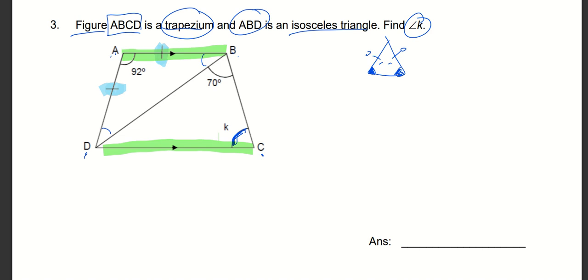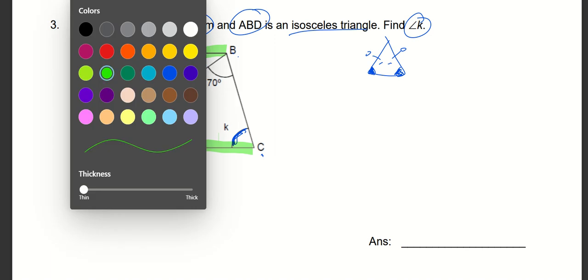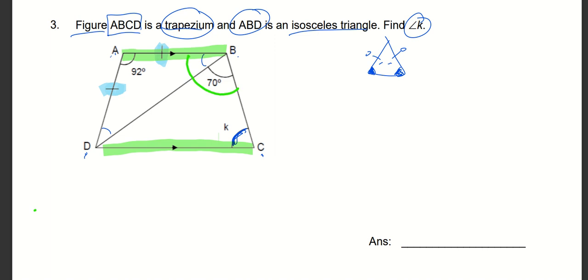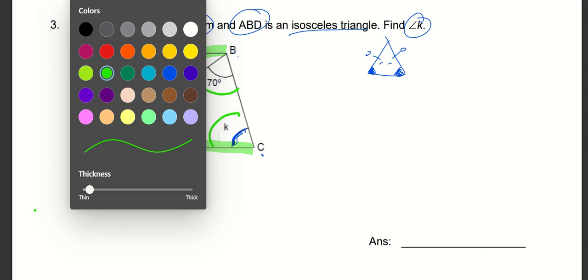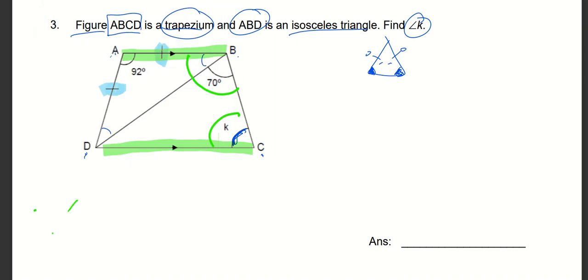So this is the parallel lines, and that means that the two angles here, angle ABC plus angle BCD, this will give you 180 degrees. Now this is the formula for the sum of angles between two parallel lines.